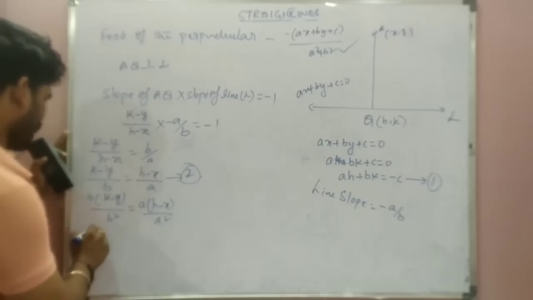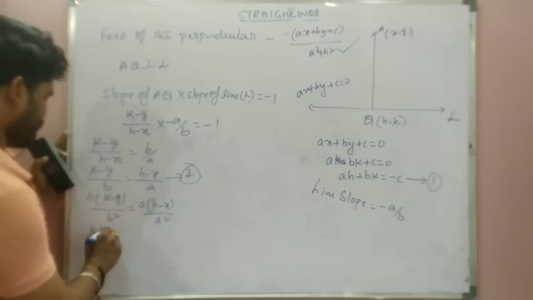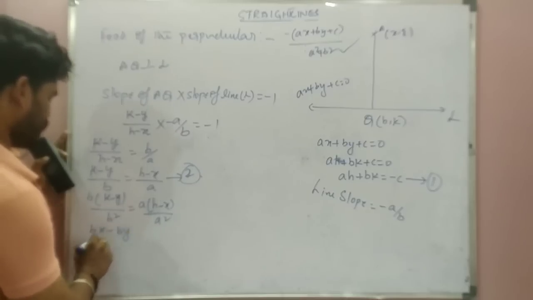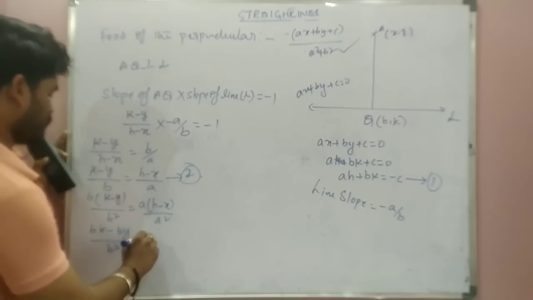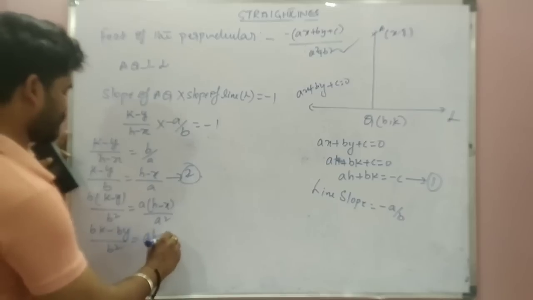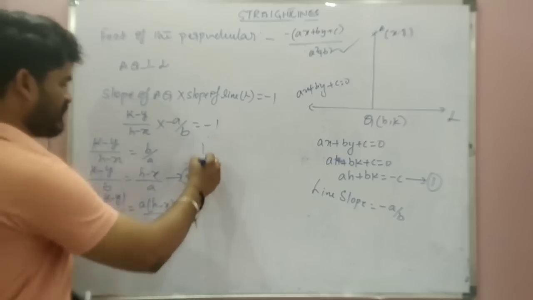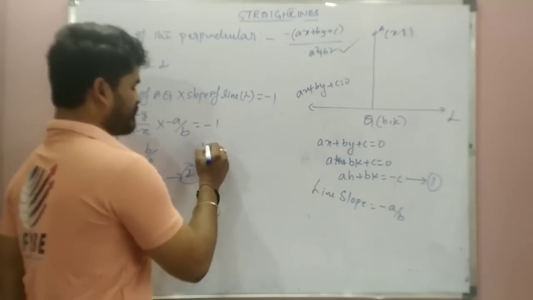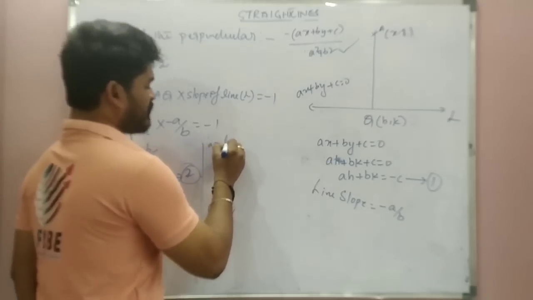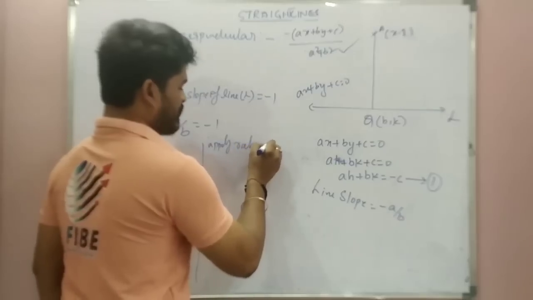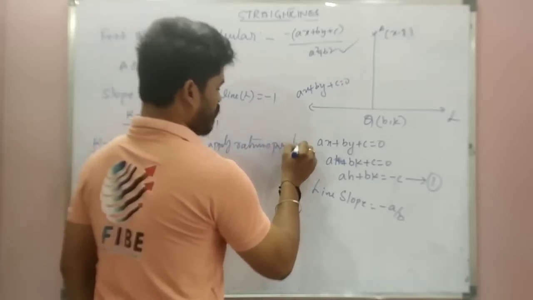Therefore, bk minus by divided by b square equal to ah minus ax divided by a square.